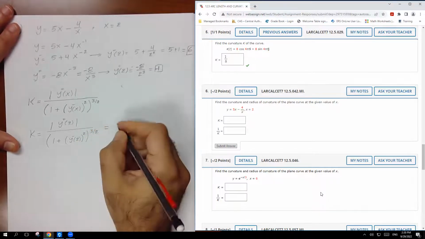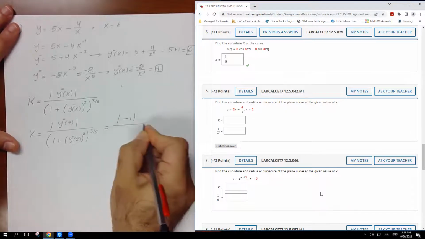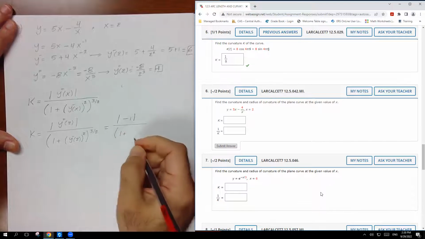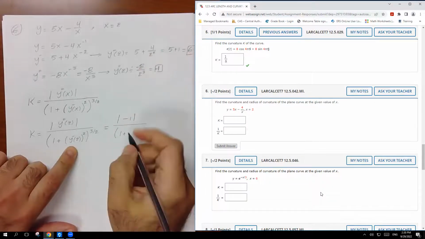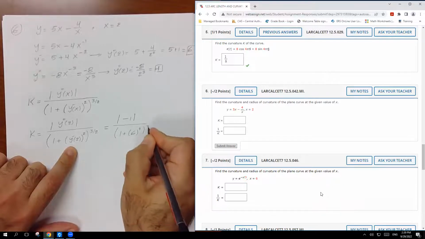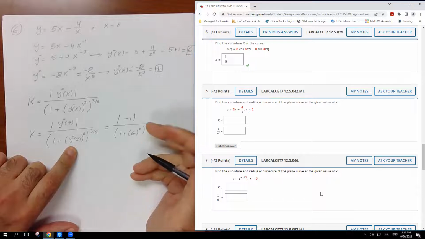So this one is going to be the absolute value of negative 1 over 1 plus y prime at 2, which is 6, so 1 plus 6 squared, and everything to the 3 over 2. 6 squared.